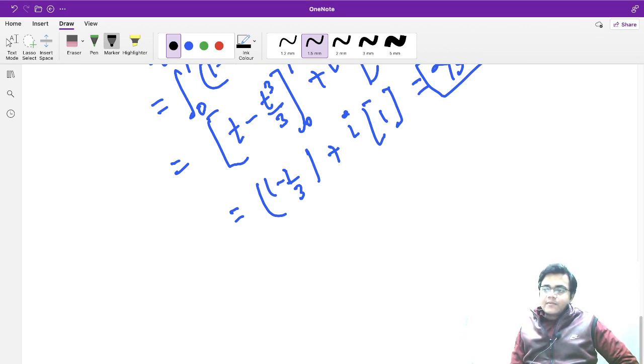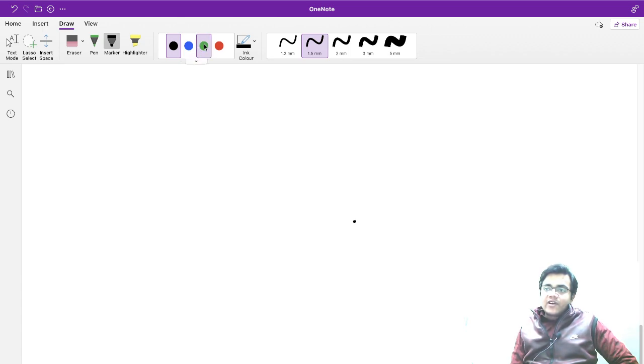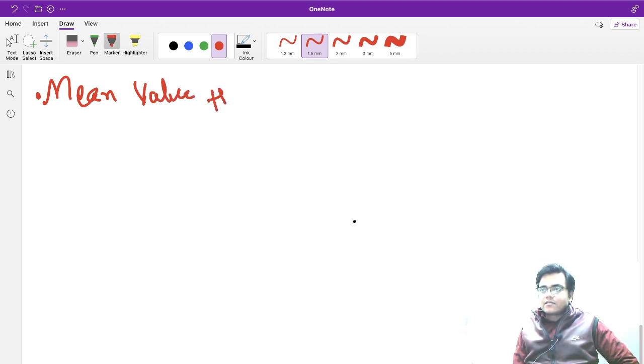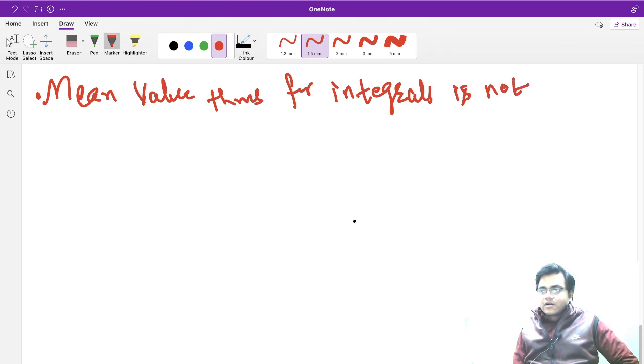But before coming to that, I would also like to note in red that the mean value theorem for integrals is not carried over in complex analysis.